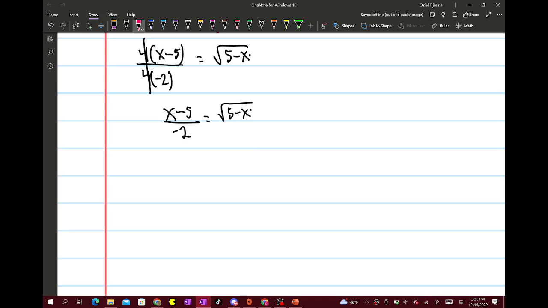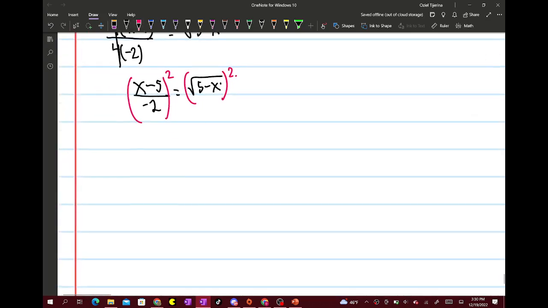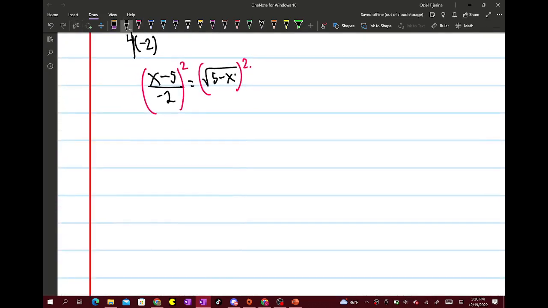Okay, so this would be squared, and then this would be squared, right? So then this would be x minus 5 quantity squared over 4 is equal to 5 minus x.